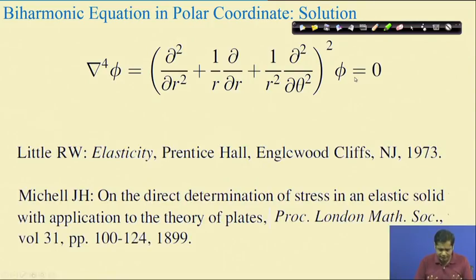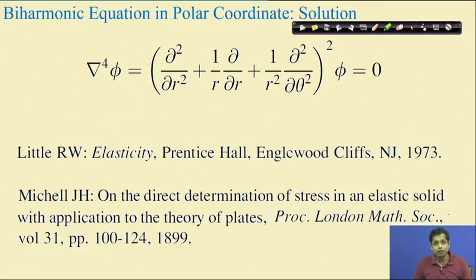Now we can find the general expression of phi from this equation. How to get that? We have two coordinates, r and theta, and phi is a function of r and theta. We can assume that separation of variables is applicable, so phi is a combination of some function of r and some function of theta. Then substitute that in this equation and find the relation between those functions.